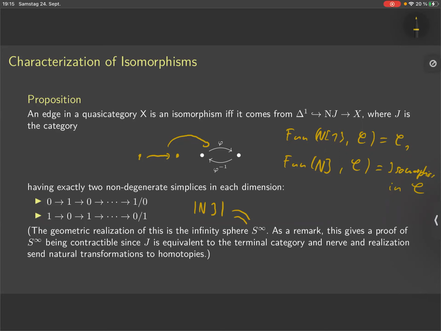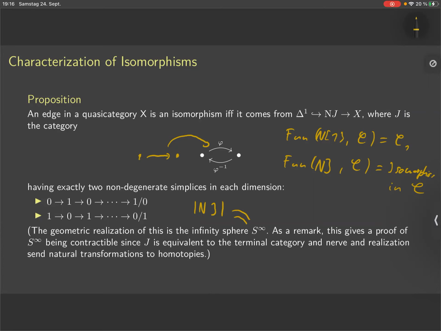So the usual cell complex structure. Okay, and also this gives the proof of S infinity being contractible because J is equivalent to the terminal category, and then nerve and realization preserve these natural transformations and send them to homotopies. But this is only a remark.